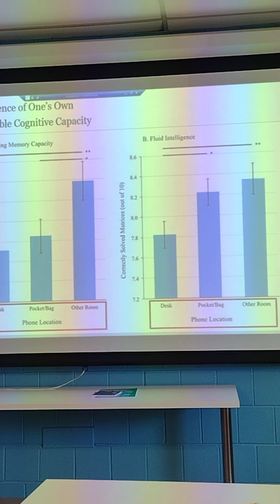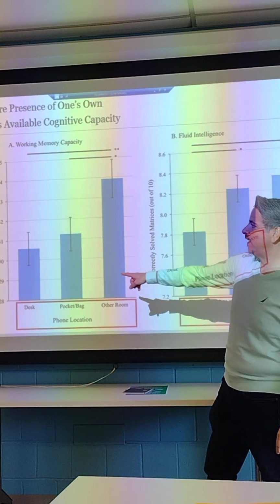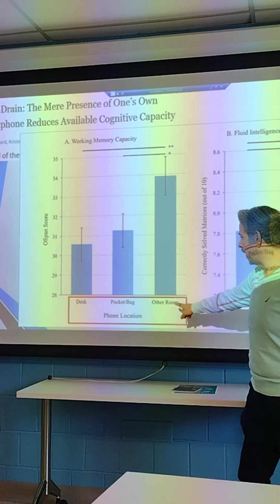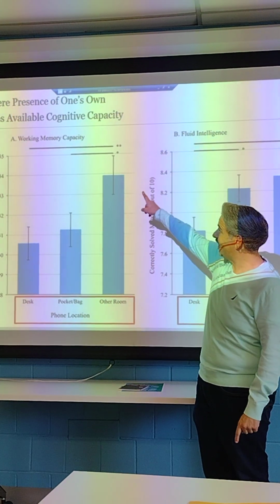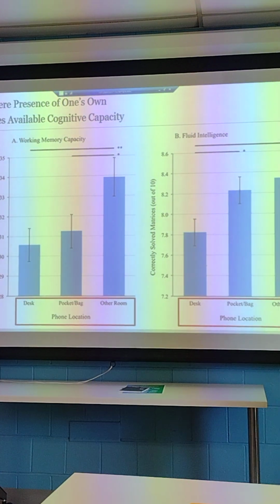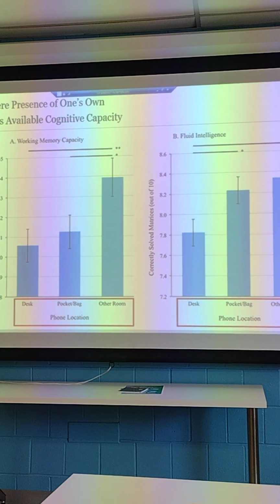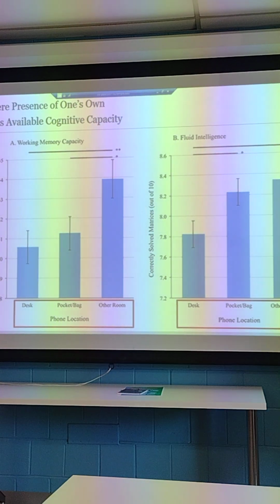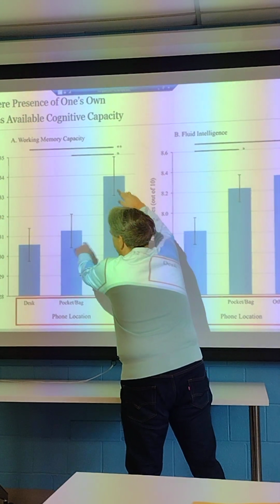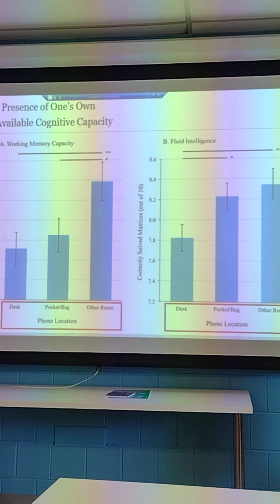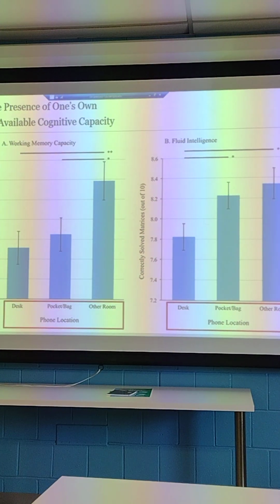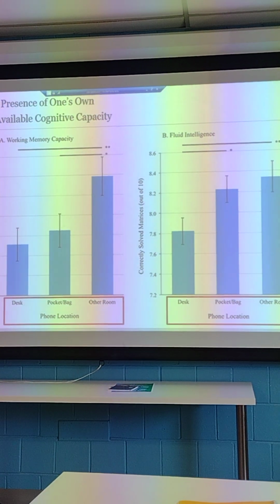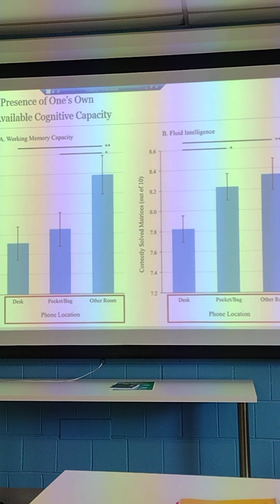The people that had the phone on a desk versus people that put the phone in another room had that amount more in memorization. So they were able to remember significantly more than the people that kept their phone on the desk or in their pocket or in a book bag, as opposed to moving it to another room.